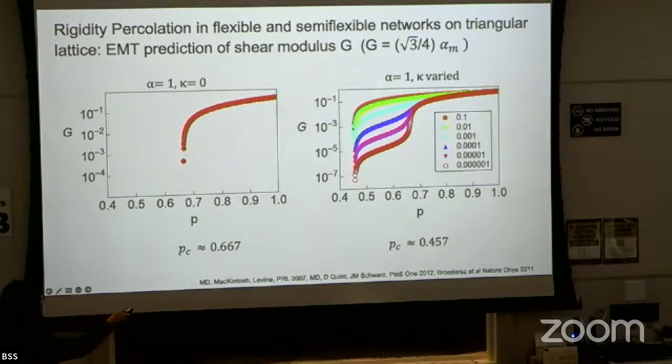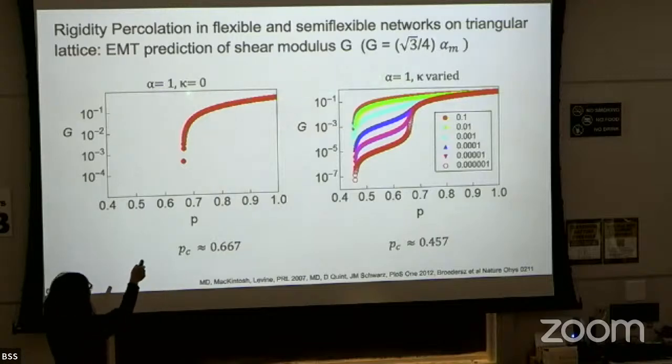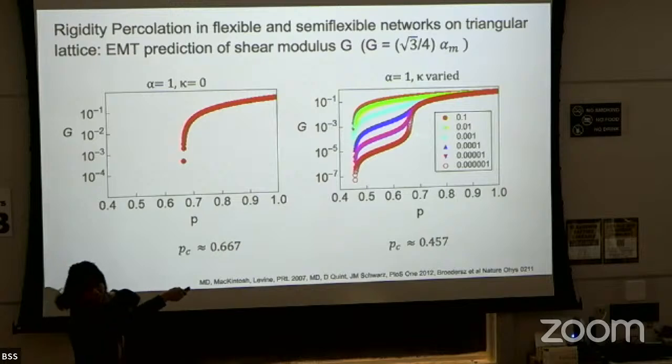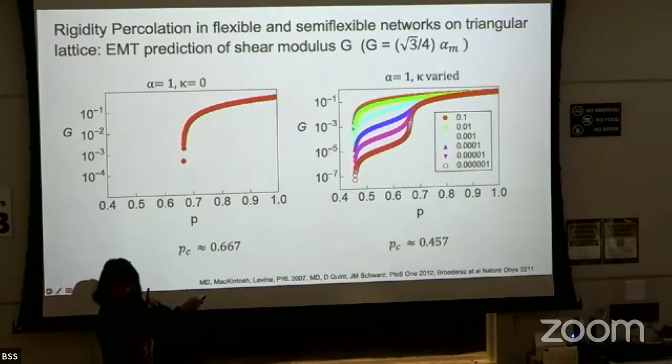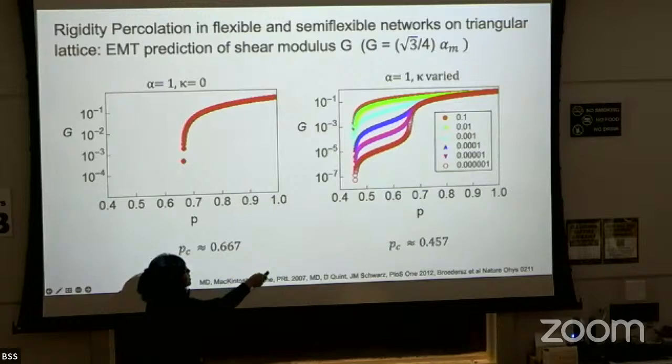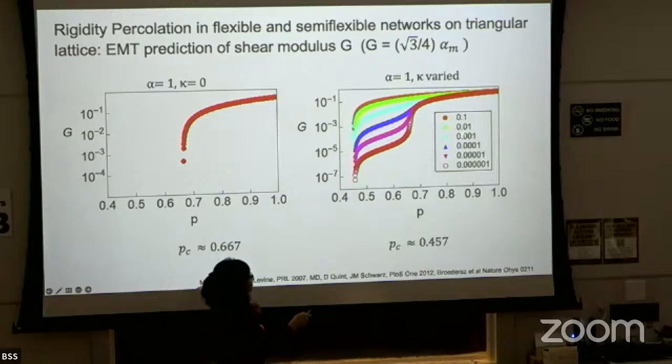Now in both of these cases, I set alpha to 1. Here kappa is 0, and then I'm putting kappa as 0.1, 0.01, 0.001. There are two things to notice. One, the percolation threshold is the same for all of these. It doesn't depend on what the bending rigidity is. It basically just depends on the thing that we found. The other thing to notice is that for the soft ones, where the bending is really weak, you see there is an inflection.